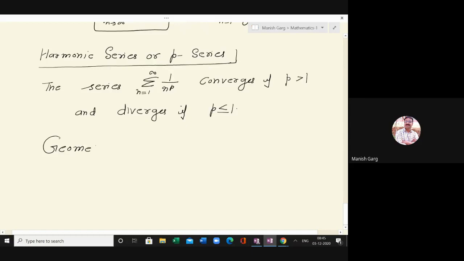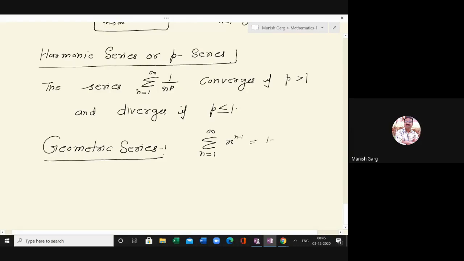Geometric series. I am giving the complete structure of this series. Suppose you have this series, n is equal to 1 to infinity, x raised to power n minus 1, like that.